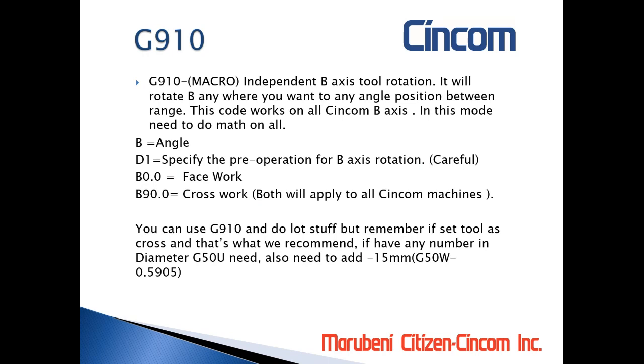That's why I like to put it at the beginning, so that way I make sure the axis flips back. Everybody knows B0 will be face work, B90 cross work. This will apply to all Cincom machines. And like I said, we will be covering a little bit more on G910.